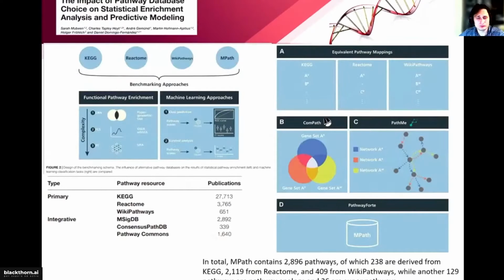And when you have different pathway databases, the first thing which pops up is to combine them, and it was already done by PathwayForte. The authors did it in a few ways. One way was just to find similar gene sets, maybe fully overlapped or not fully overlapped, and combine them into super pathways.